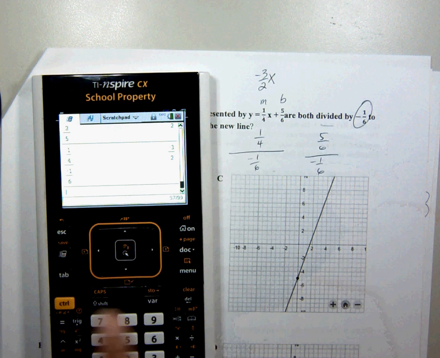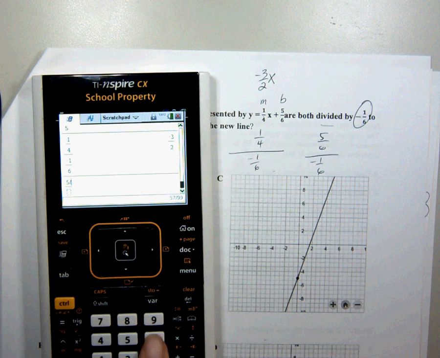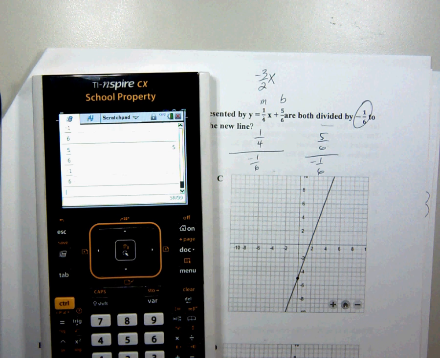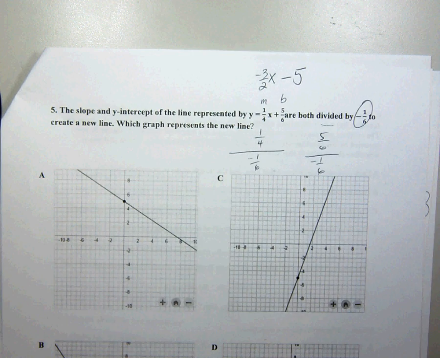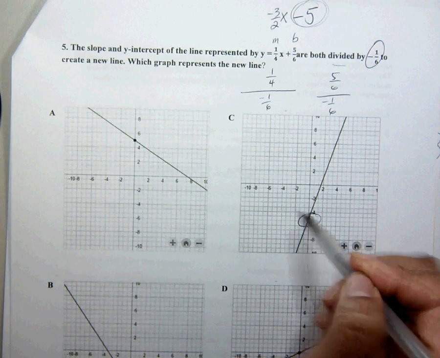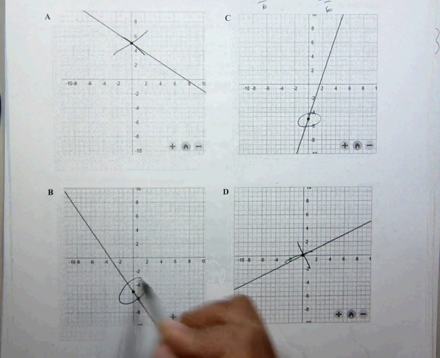Then we do that one. Control divide 5 divided by 6 over -1 divided by 6. It gives me -5, so -5. So we have to figure out the graph that goes through -5 on the y-axis. Well, there, and there.